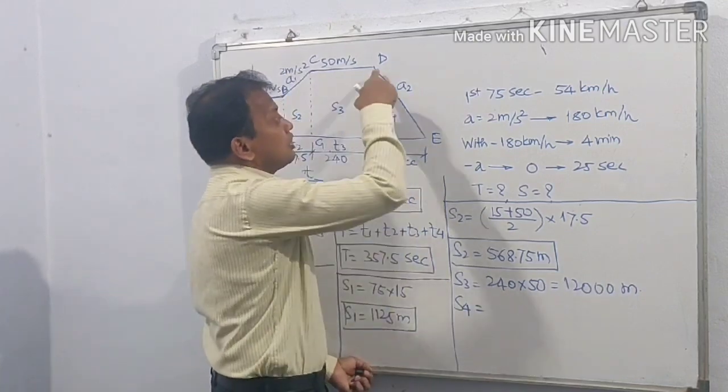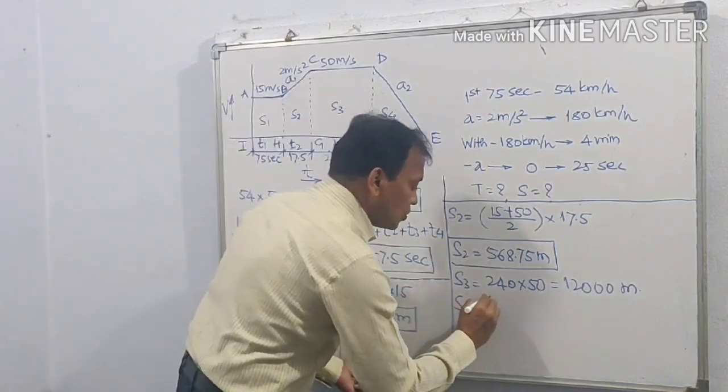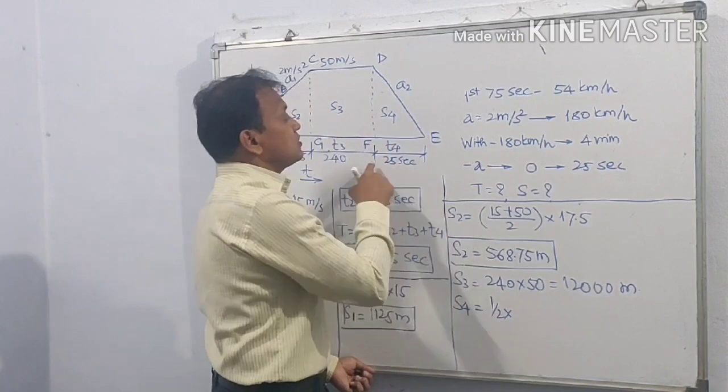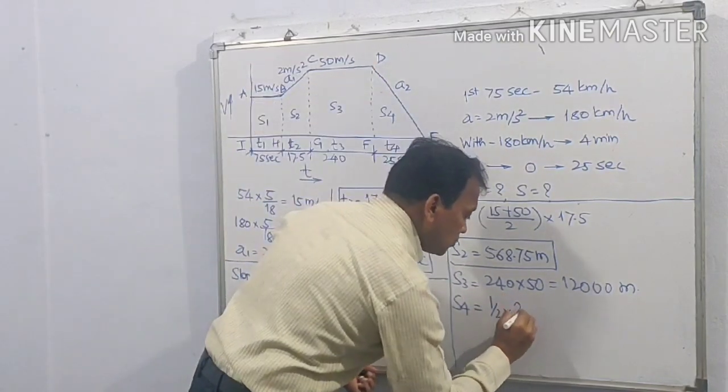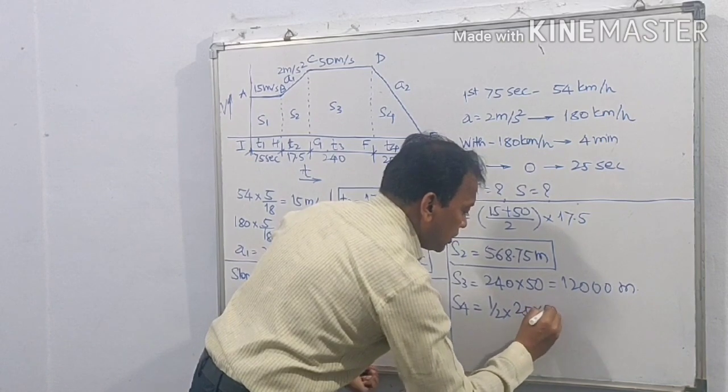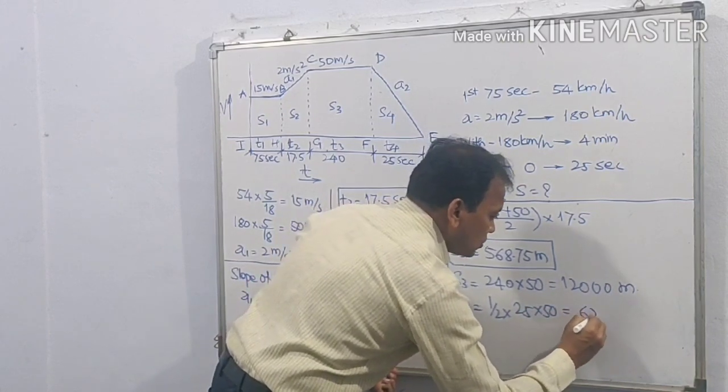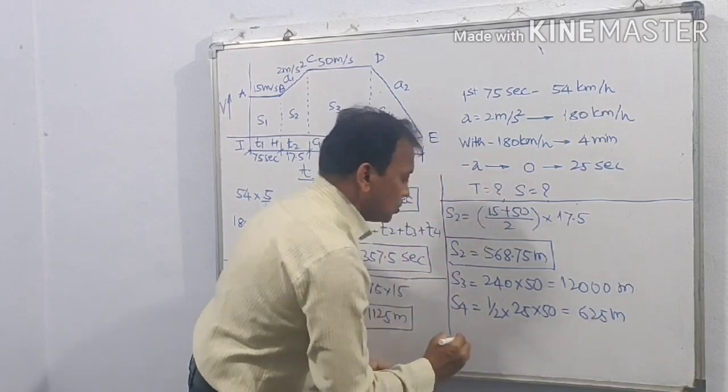S4 is equal to area of this triangle, that is 1/2 into base 25 into height 50, and this is equal to 625 meter.